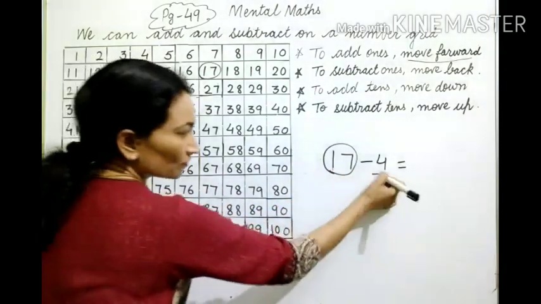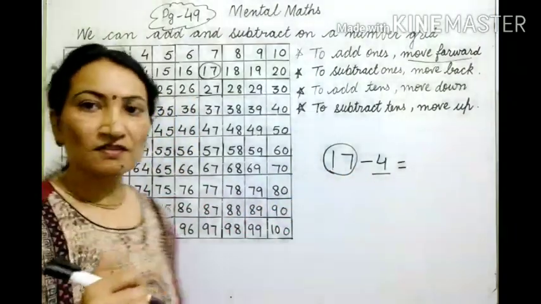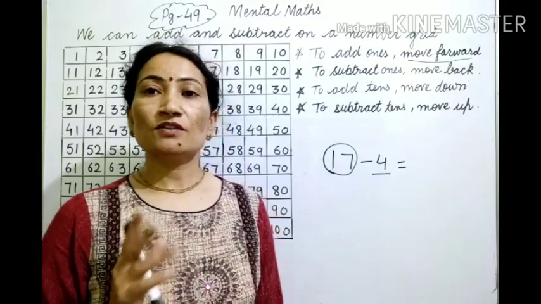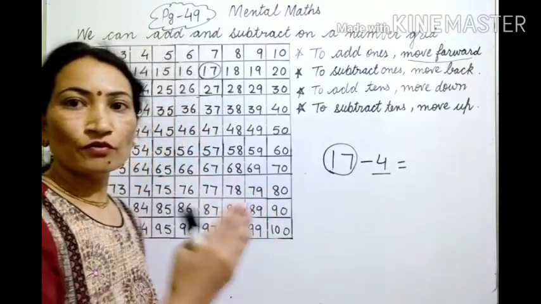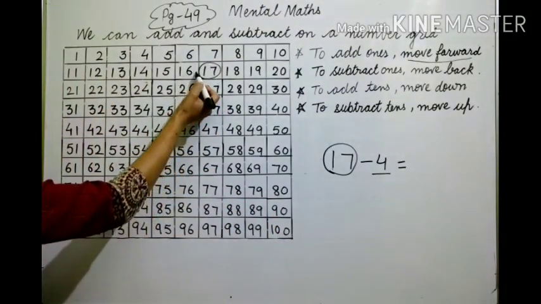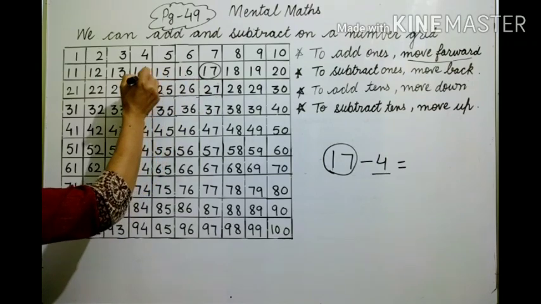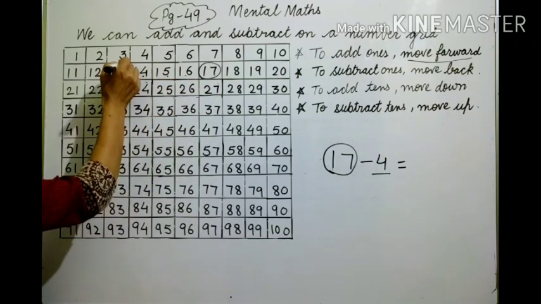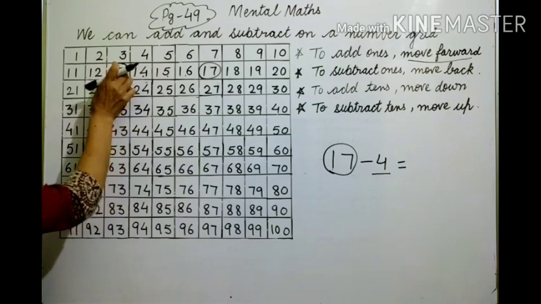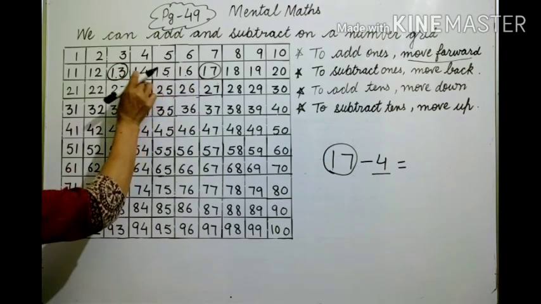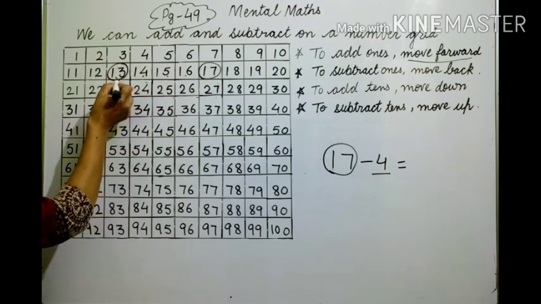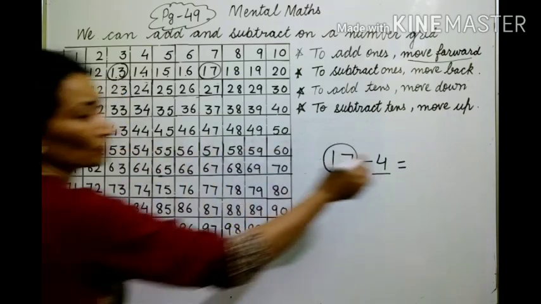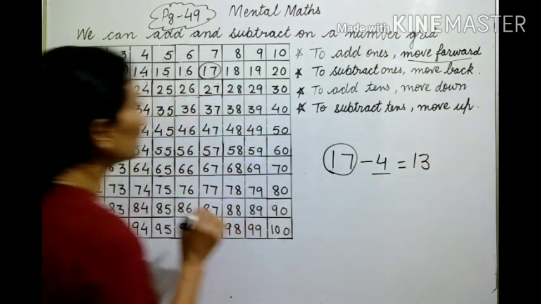Now we have to subtract 4. 4 ones. 4 is a one digit number. So what will we do? We will move 4 steps back. 1, 2, 3, 4. After moving 4 steps, which number are we getting in the grid? 13. So our answer will be 13.